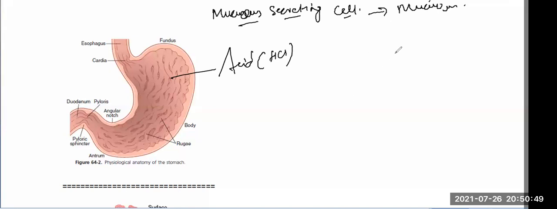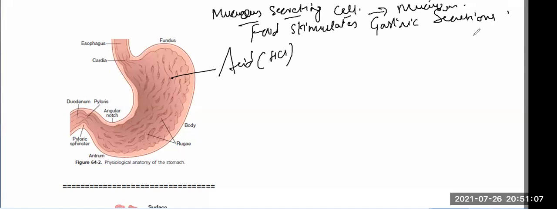So your food basically stimulates the gastric secretions. I'll write it over here. Food stimulates your gastric secretions.